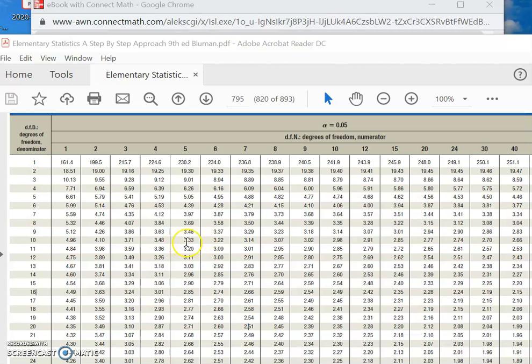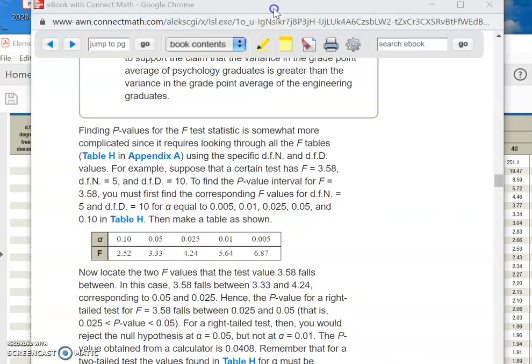That's the appropriate F value for degree of freedom of the denominator 10, there it is, and degree of freedom of the numerator of 5, there it is, corresponding to an alpha of 0.05. Okay, it's right there, 3.33.